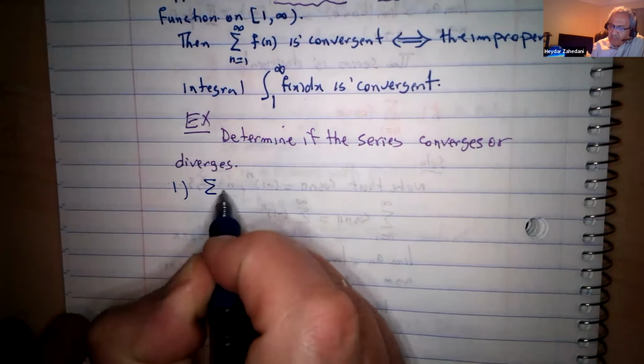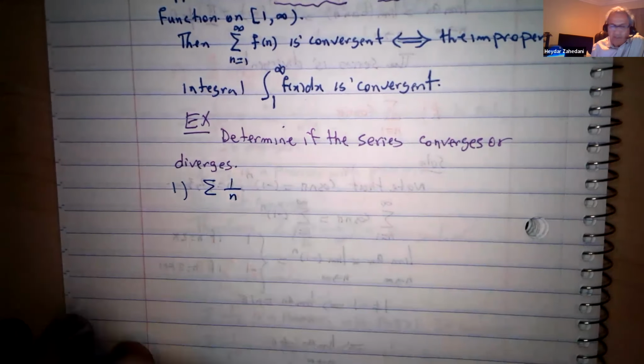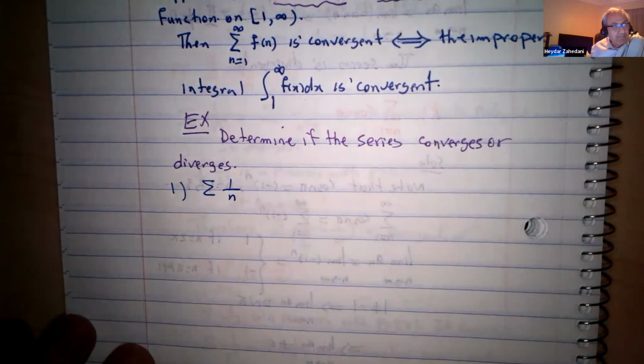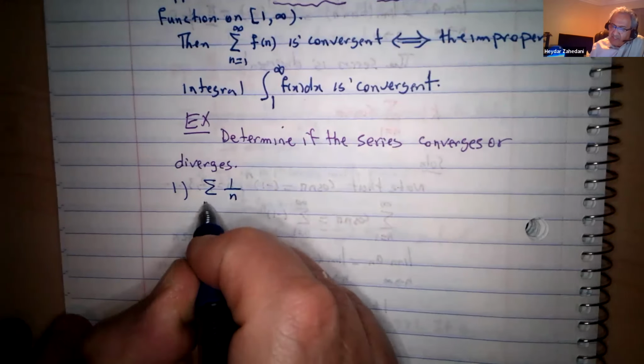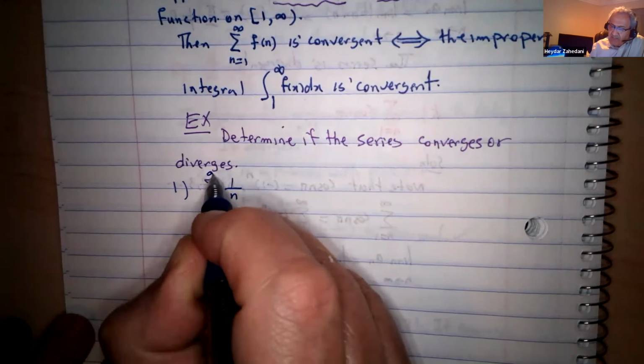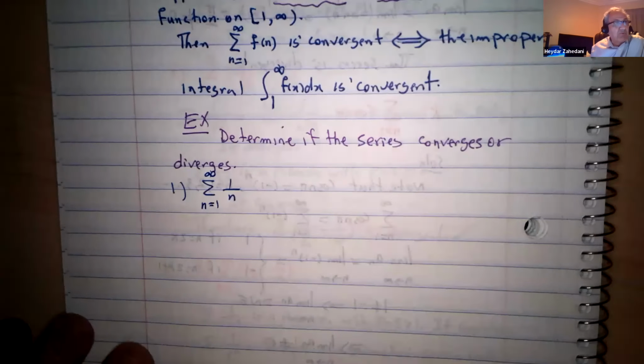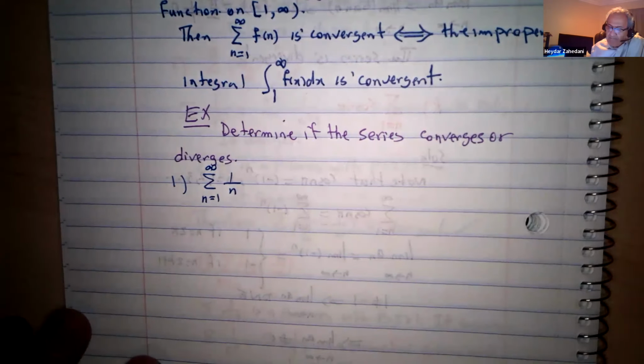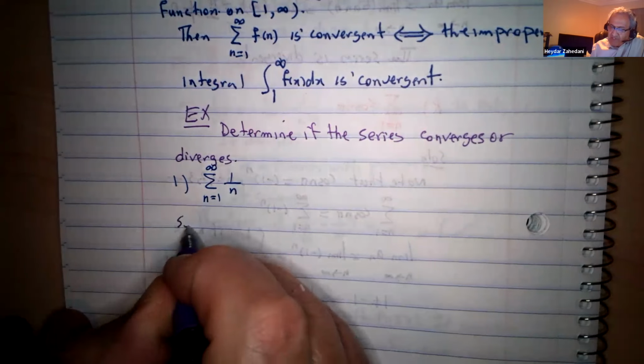Remember this series, the sum of 1 over n, is a p series with p equal to 1, or the harmonic series. You know that this harmonic series is divergent, but if you want to prove it, you can prove it by the integral test. So how are we going to prove it? You change it into a function.